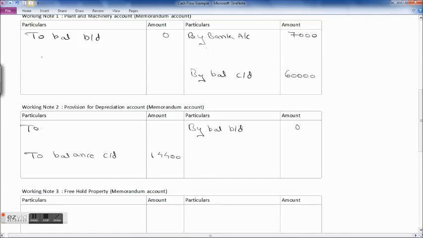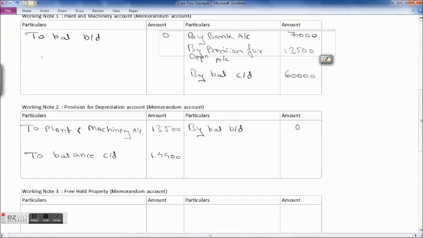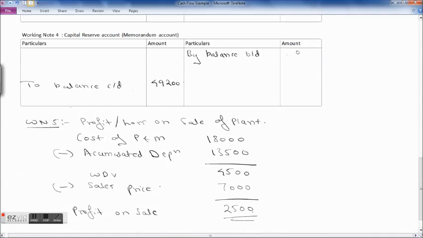So to plant and machinery account, how much it is? 13,500. Add here by provision for depreciation account, how much it is? 13,500.